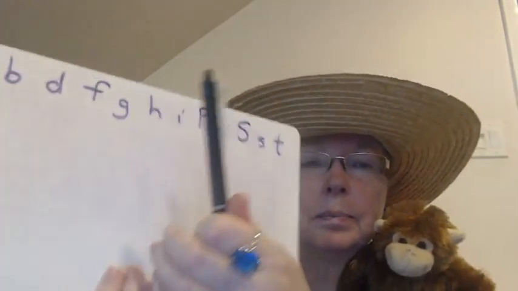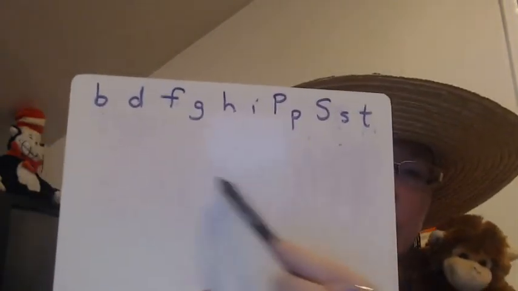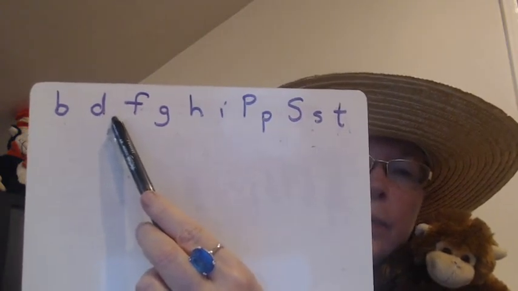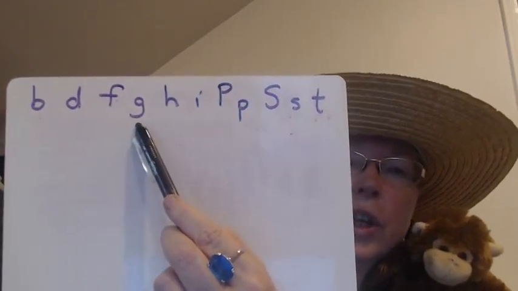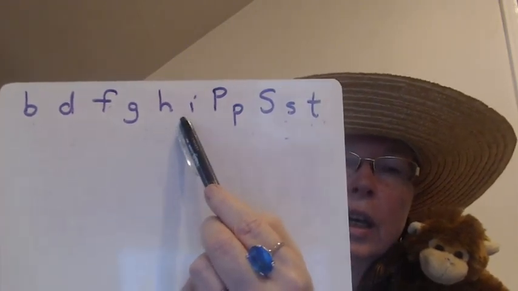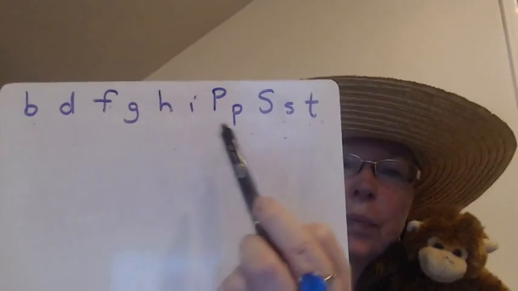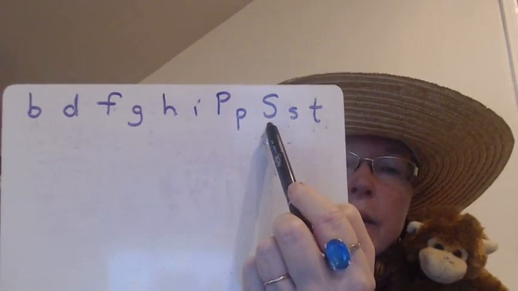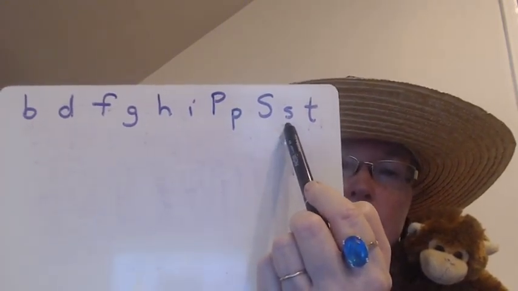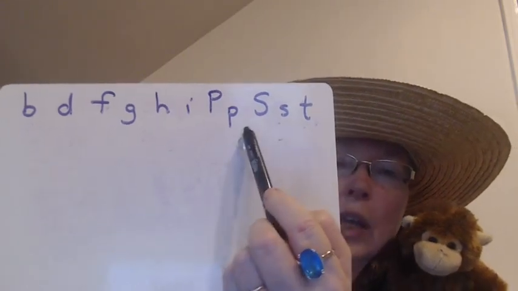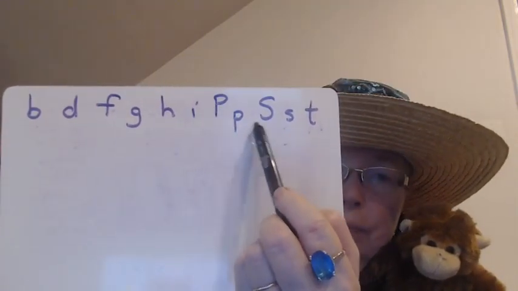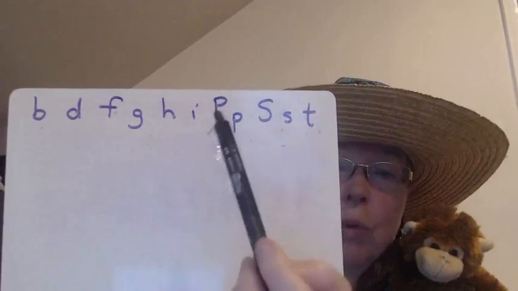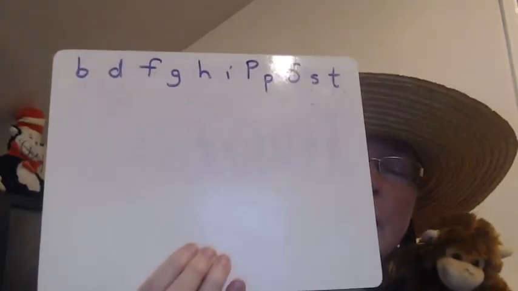This is the letter B, D, F, G, H, I, which we already know, uppercase P, lowercase p, uppercase S, lowercase s, and T. So we have 2 uppercase letters, or otherwise known as capital letters, and so that means that we should have some names in this story. So we should have some characters in this story that have a name.